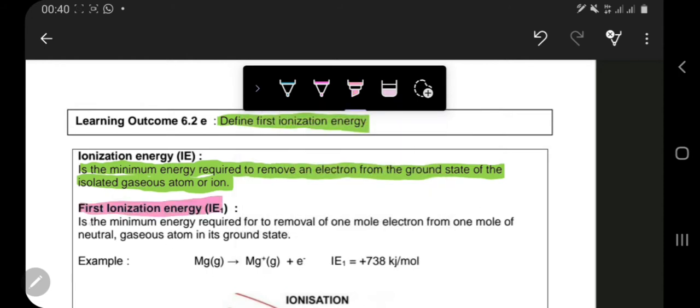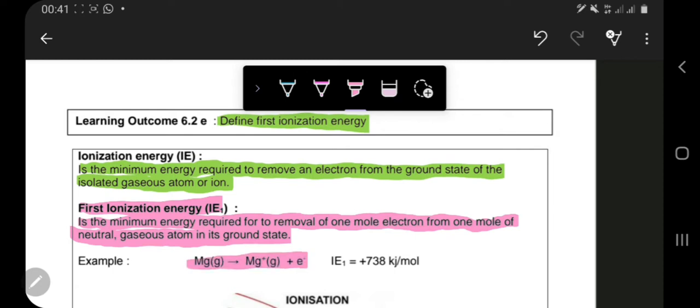Okay, so first ionization energy is the minimum energy required to remove 1 mole of electrons from 1 mole of neutral gaseous atoms in their ground state. So we can describe the definition based on the equation.